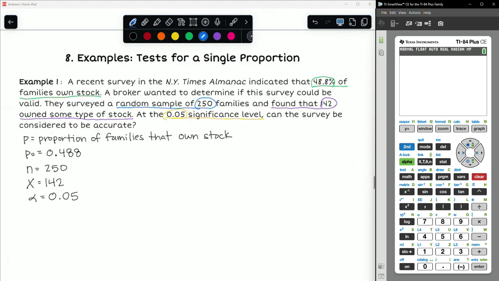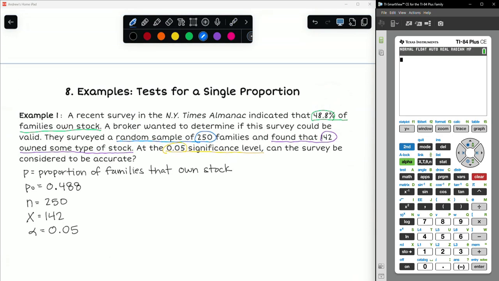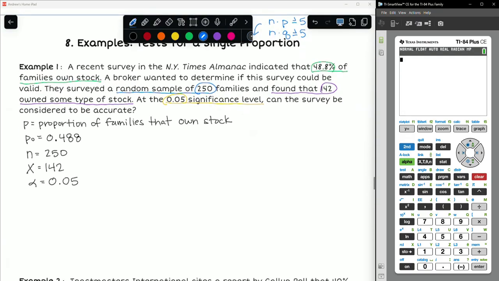You'll remember from last week, if we're working with proportions, in order to use a normally distributed sampling distribution, we needed to check that n times p was greater than or equal to 5, and n times q was greater than or equal to 5. So I would want to do that here.